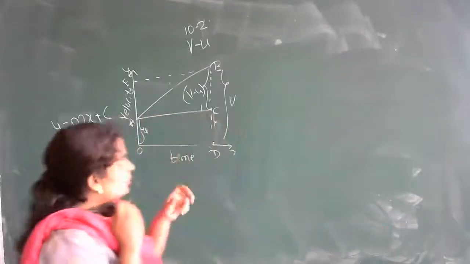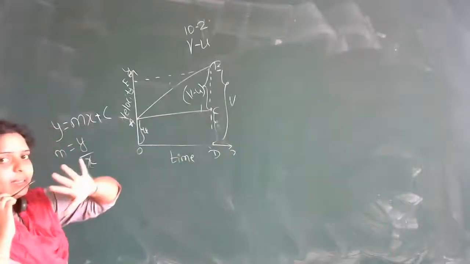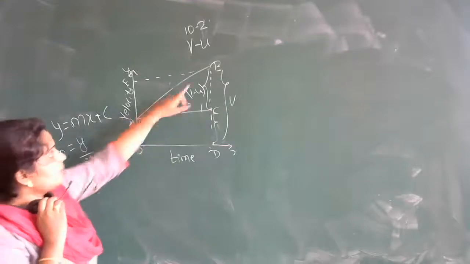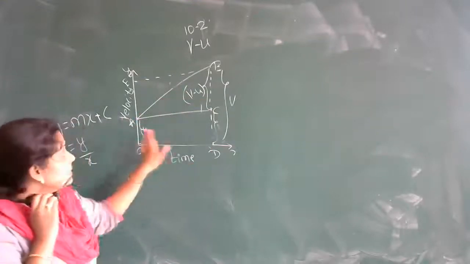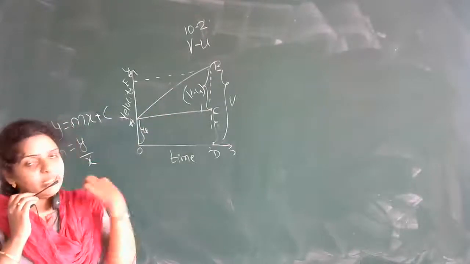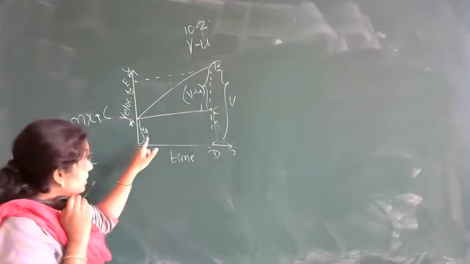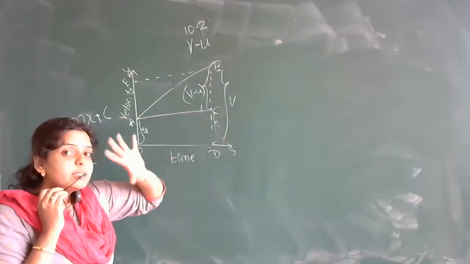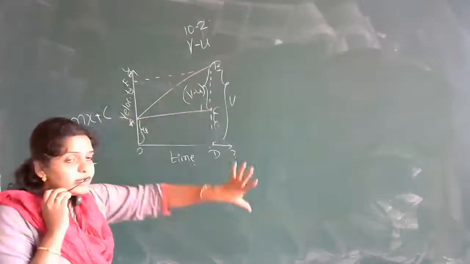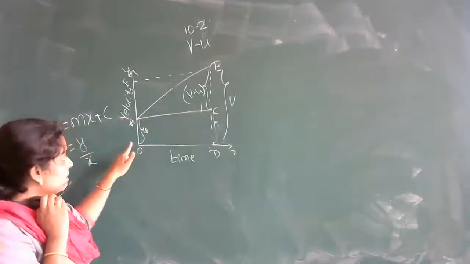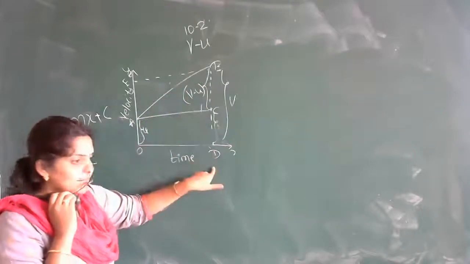See, from where the body is moving, that is from O, A, B, D, this is the entire area covered by the body here, with the initial velocity u and the final velocity v. So what is the area under this velocity time graph? The area under the velocity time graph is OABD. Am I right?